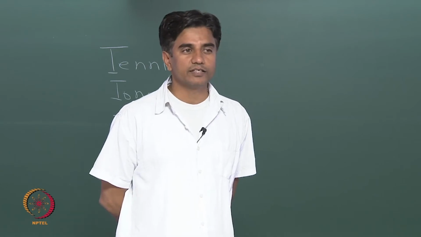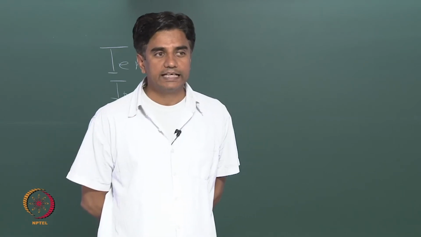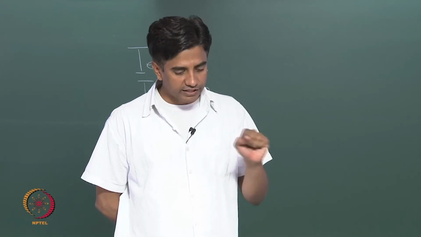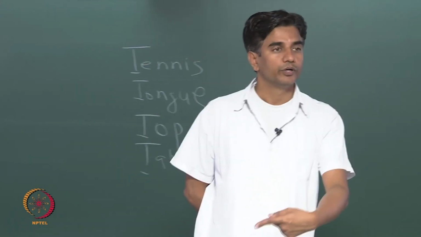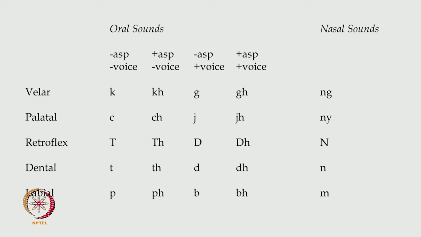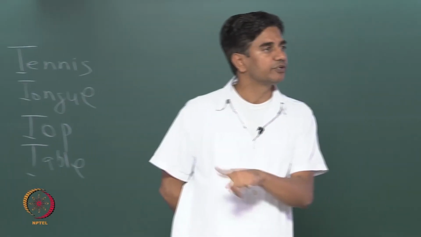How does a sound in natural language get uniqueness? It gets uniqueness only when you look at its binary classification. If we are talking about only aspiration or only voicing, we are not giving each sound distinctive features.